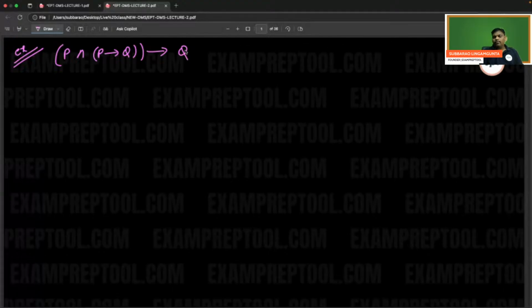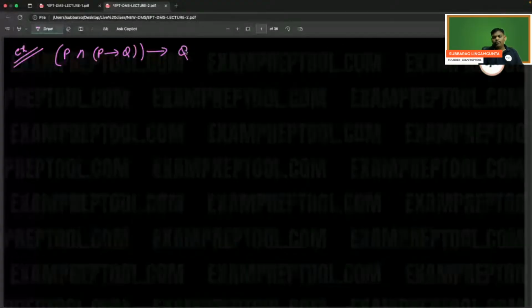P and P implies Q. Right? Implies Q. Is it valid or invalid?